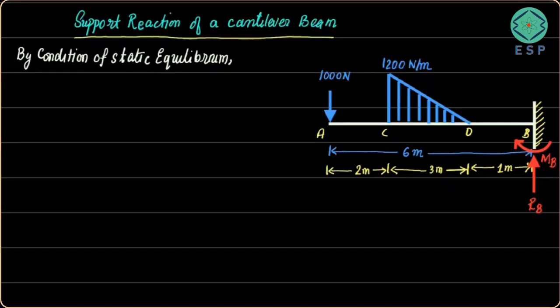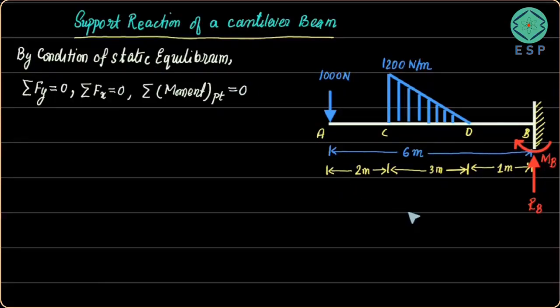We know the conditions of static equilibrium: the summation of forces acting in the vertical direction equals 0, the summation of forces acting in the horizontal direction equals 0, and the summation of moments about any point must be equal to 0, because your beam is in equilibrium.